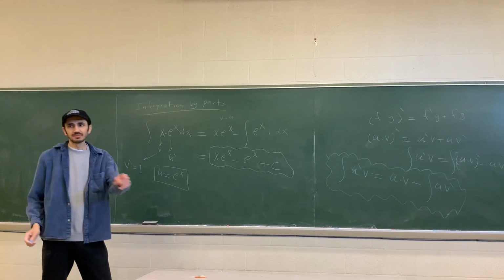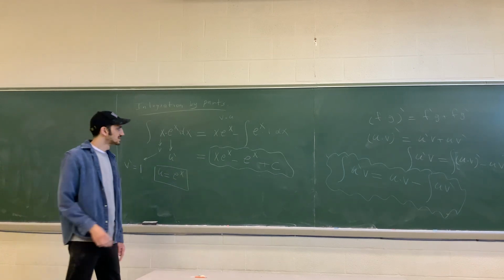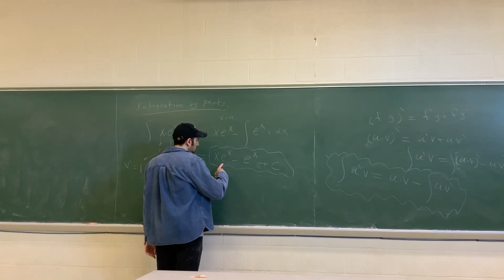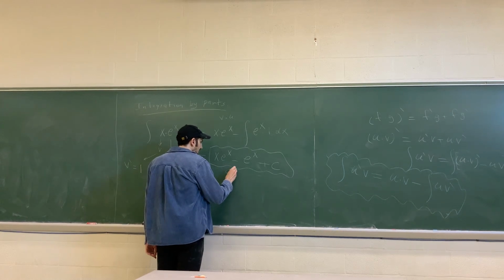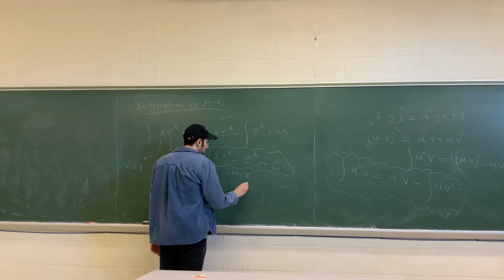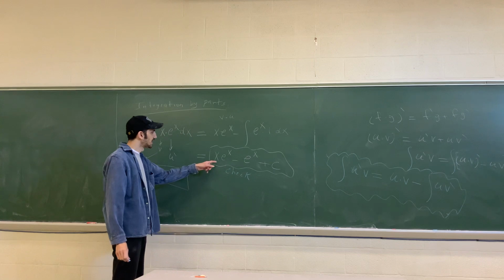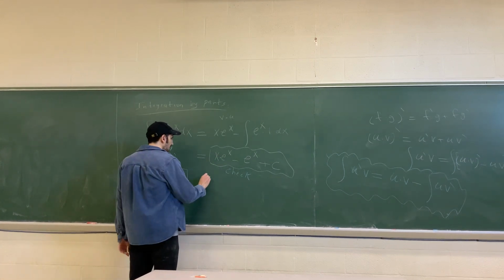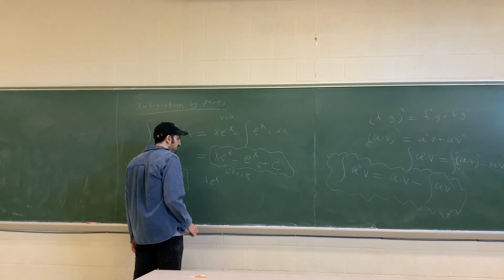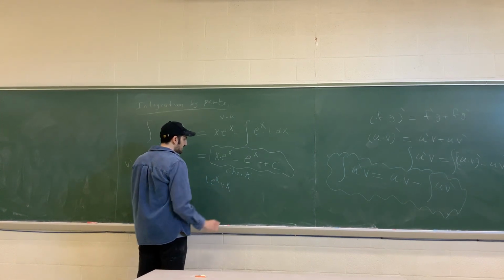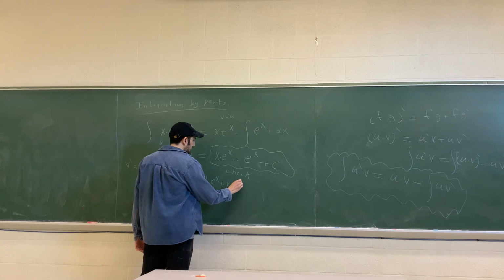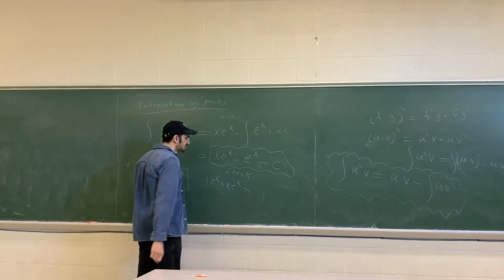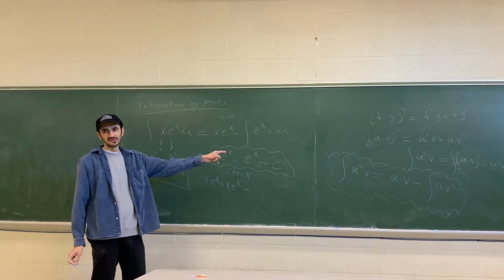Of course, you can check by taking the derivative of this. How? Take the product rule here. And let's check what we're going to have. I have two functions multiplied by each other. The derivative of x is 1 multiplied by e to the x, plus x multiplied by the derivative of e to the x, which is the function itself, minus, what is the derivative of e to the x?